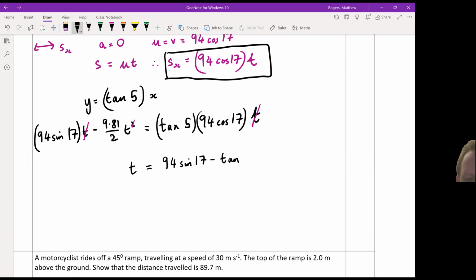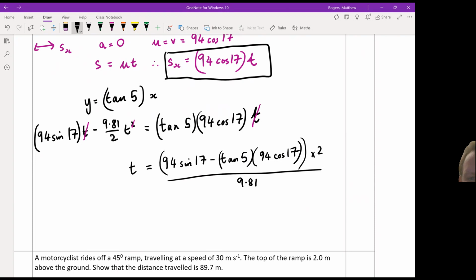So that's the tan of 5 multiplied by 94 cos 17. The t is cancelled out. So that is equal to 9.81. Then I need to multiply all this by 2 and divide it by 9.81. So this gives me my time of flight.